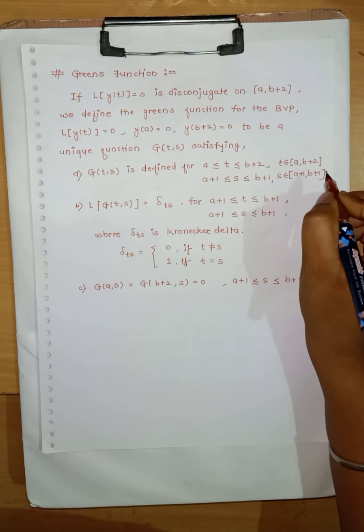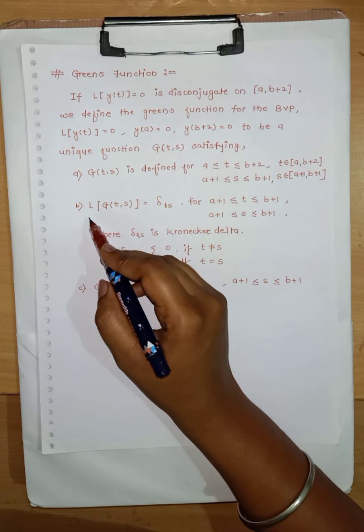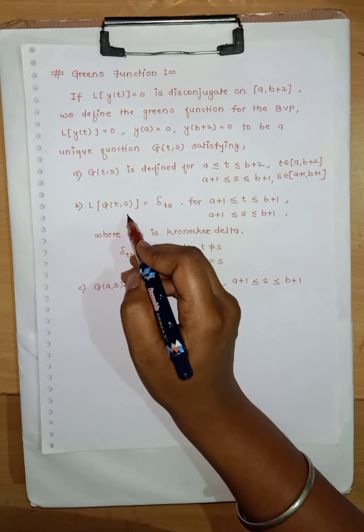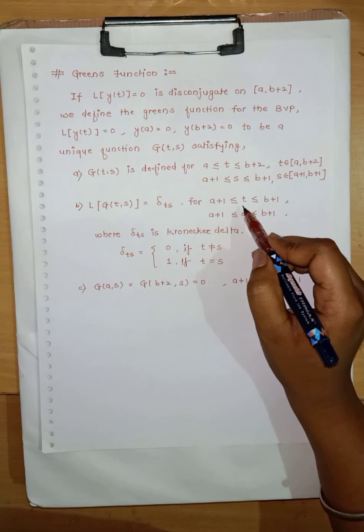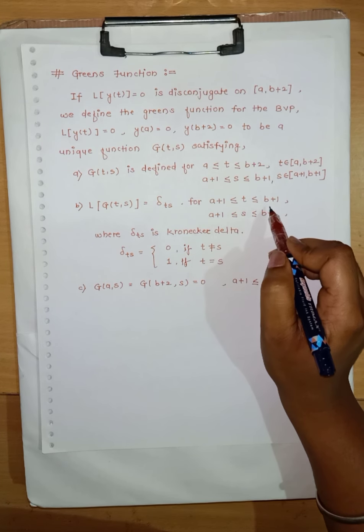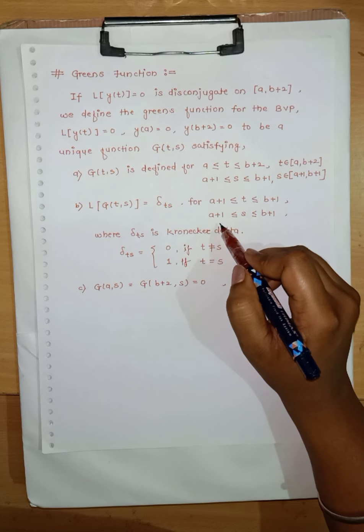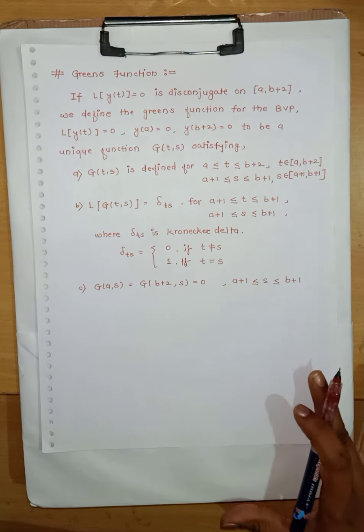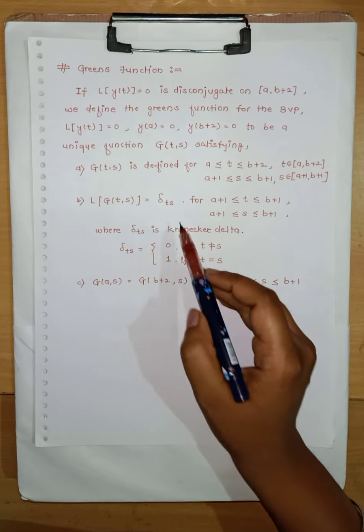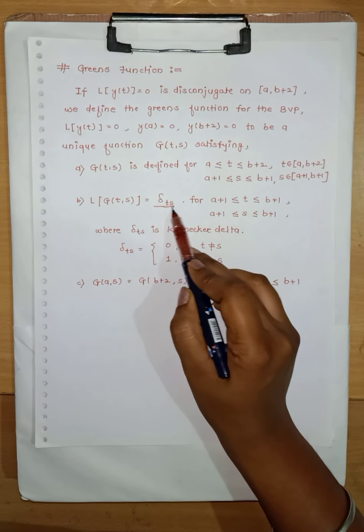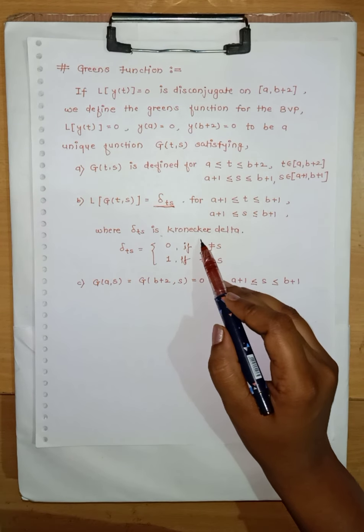Second, L of g of t, s equals delta of t, s for t belongs to the closed interval [a, b+1] and s belongs to the closed interval [a+1, b+1], where this delta is a Kronecker delta.